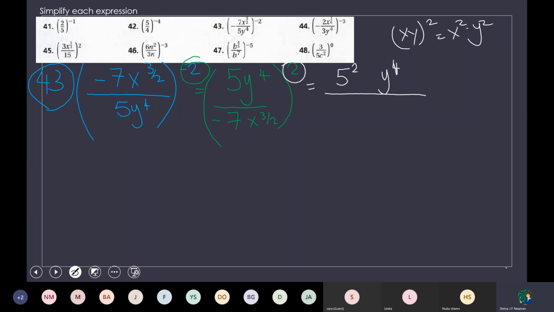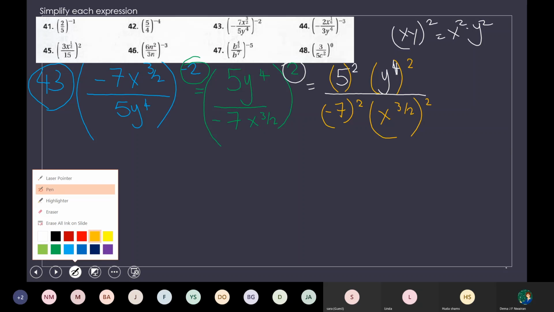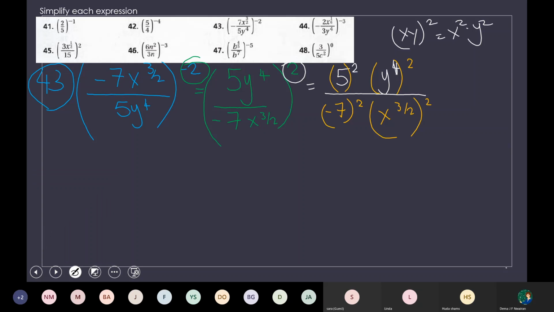Then 5 squared, y to the power 4 squared, over negative 7 squared, times x raised to the power 3 over 2 also squared. Done, because I will distribute the power 2 on each term. Then let's continue now.